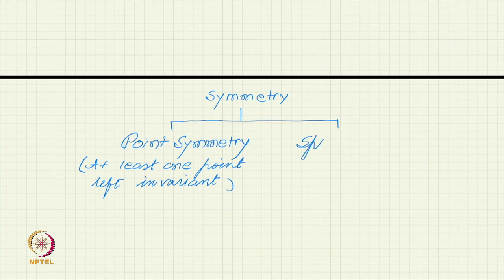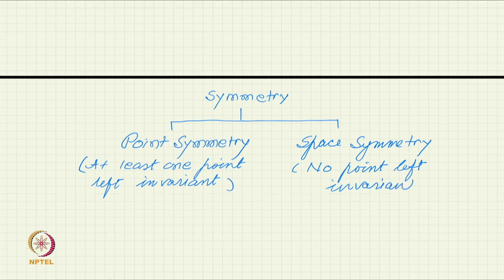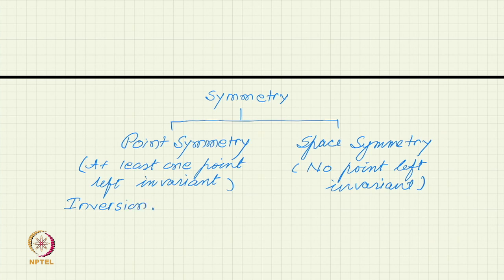Then there is also a space symmetry, in which all points move, no point is left unchanged. So, here you know the example. You have an inversion center, and then you have a mirror plane, you have a rotation axis.